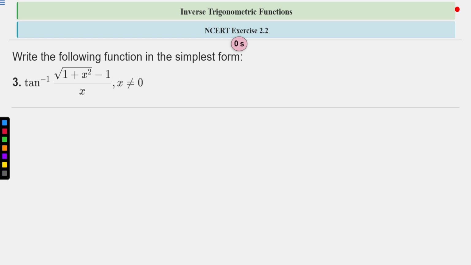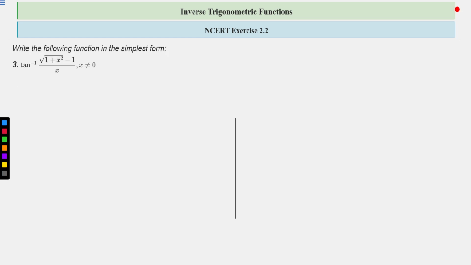Okay, so let us discuss the solution part. The correct answer will be 1 by 2 tan inverse x, right?